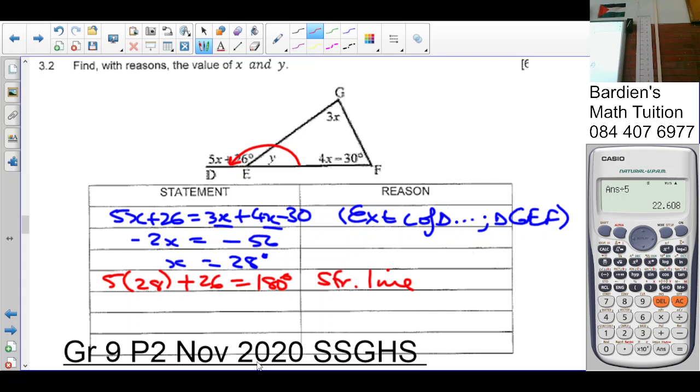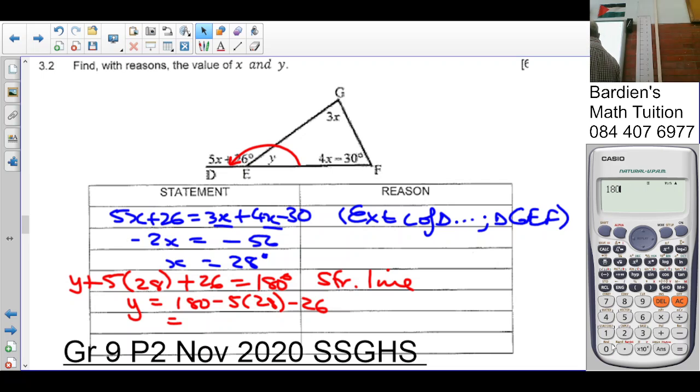So y is equal to 180 minus 5 times 28 minus 26. So it says 180 minus 5 times 28 minus 26, 14. Is that correct? Did you get that?